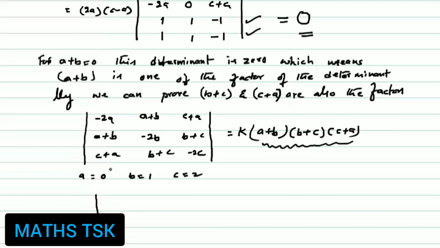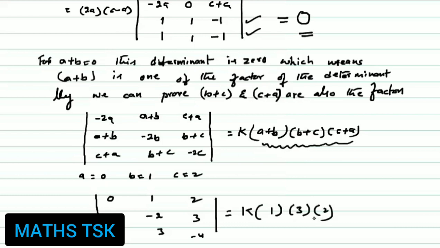So when you substitute a is equal to 0, it becomes 0, a plus b is 1, c plus a is 2, and then a plus b is 1, minus 2b is minus 2, and then b plus c is 3, and then c plus a is 2, b plus c is 3, and minus 2c is minus 4, is equal to k times of a plus b, b plus c, c plus a.